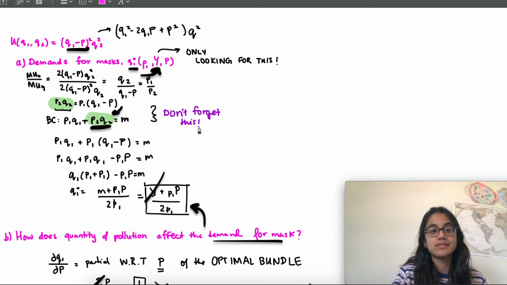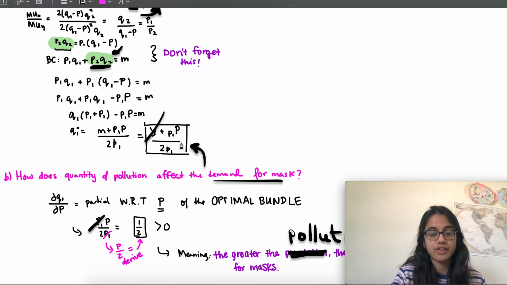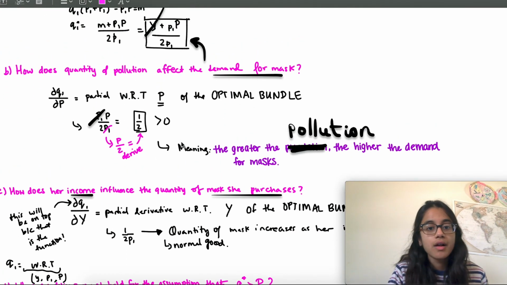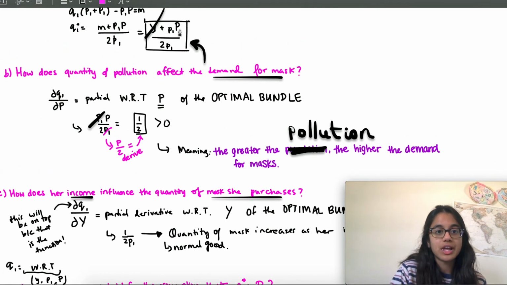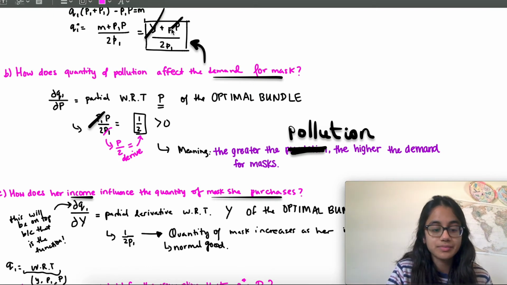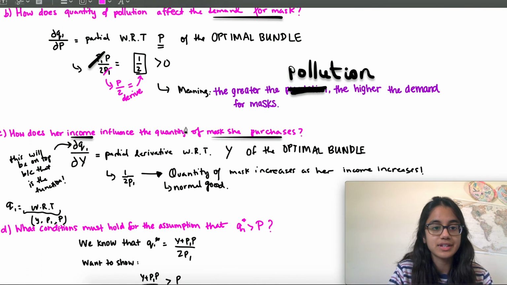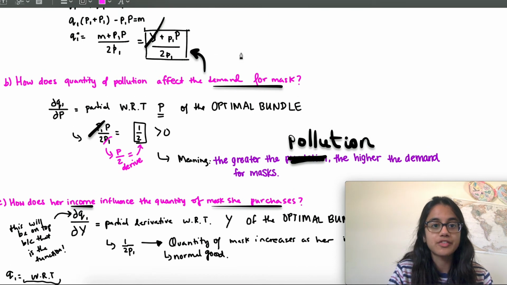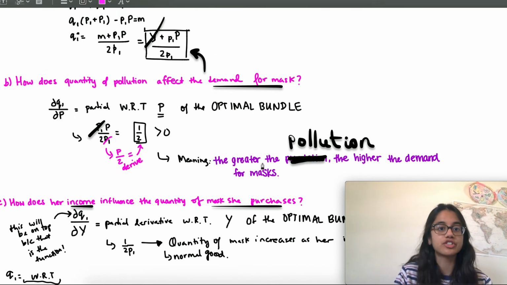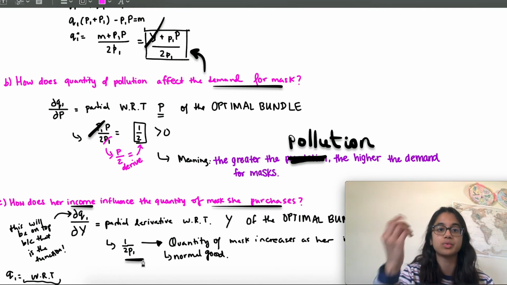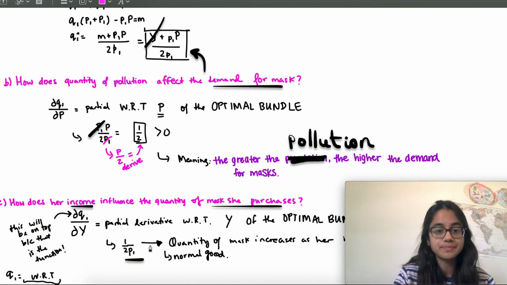When you look back, y becomes a constant and you're left with y over 2p1. When you take the derivative, you're just left with 1/2p1, because the y becomes a 1 when you derive it.